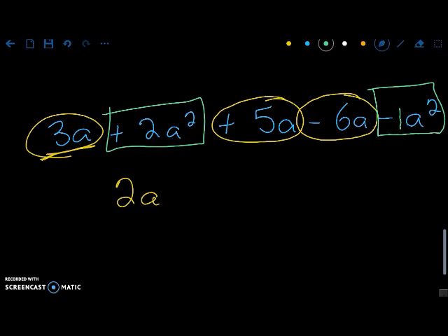So what we'll do is we'll take 2 minus 1, and so we would end up with a positive 1 pineapple. Remember, we don't have to write that 1 there. It's understood, so we can just take that 1 away, and we would end up with 2a + a².